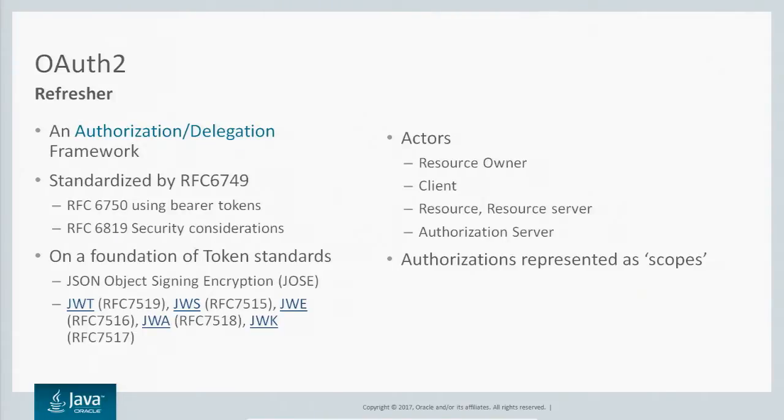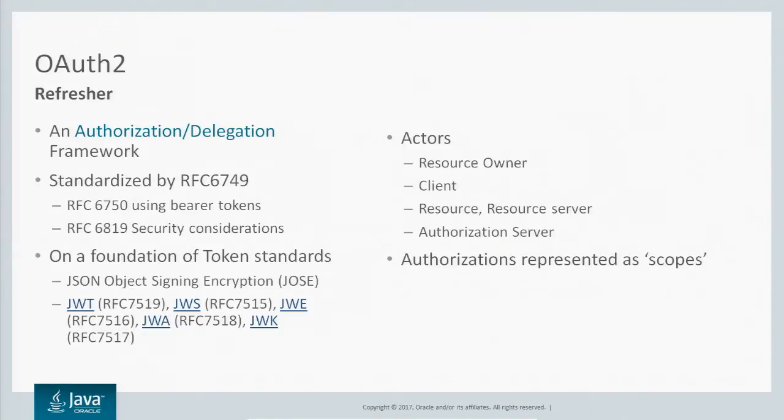There's a resource owner, which is not necessarily the same entity as the client that the server is talking to. And then there are two different servers involved. So it's not just a client-server model, but there's a client and a resource server, and there's a client and an authorization server. And again, the client and the resource owner aren't necessarily the same person.